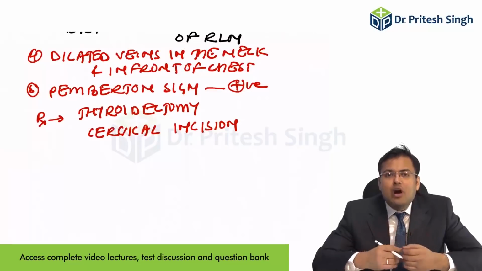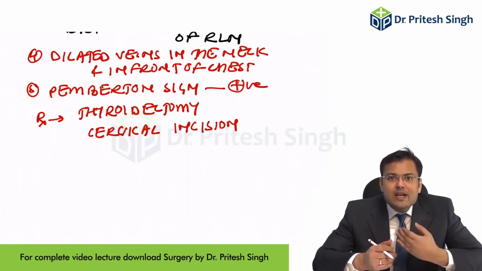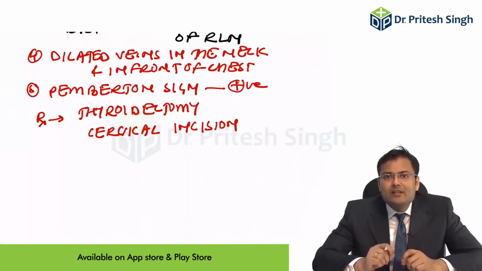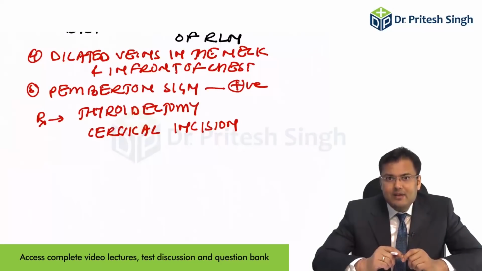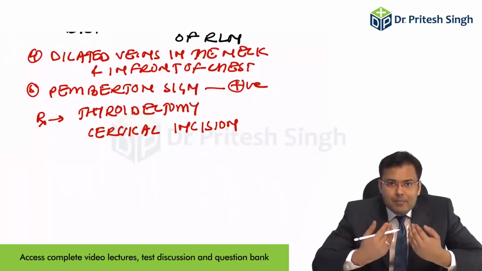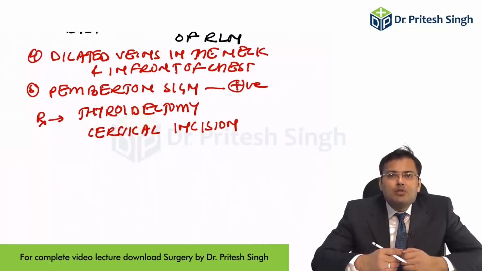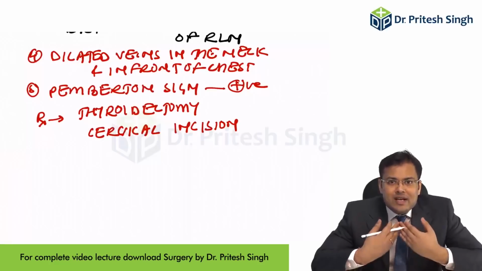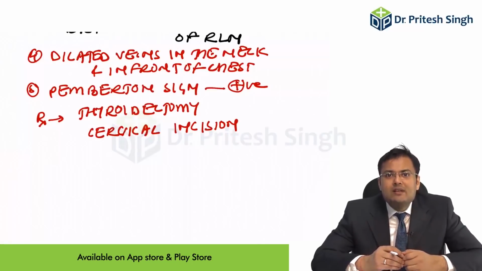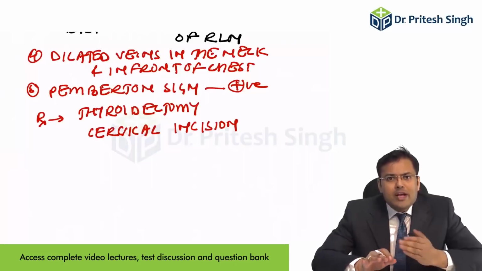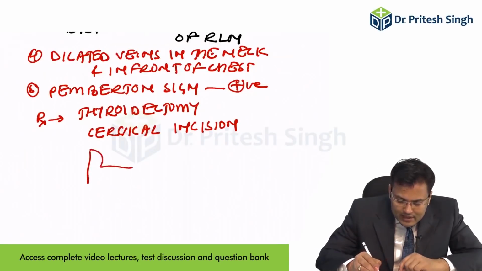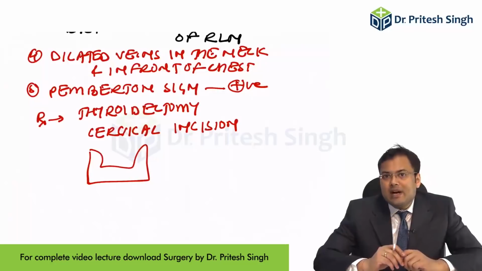It is the amount of radioactive iodine taken by the thyroid within a stipulated period of time, that is 6 to 24 hours. I'm repeating: radioactive iodine uptake is the amount of radioactive iodine taken by the thyroid within a stipulated period of time, that is 6 to 24 hours. Now I don't know in which part of the thyroid there was uptake of radioactive iodine.